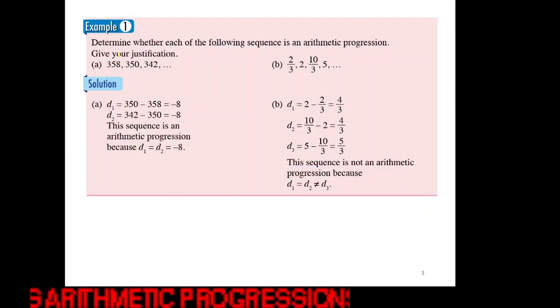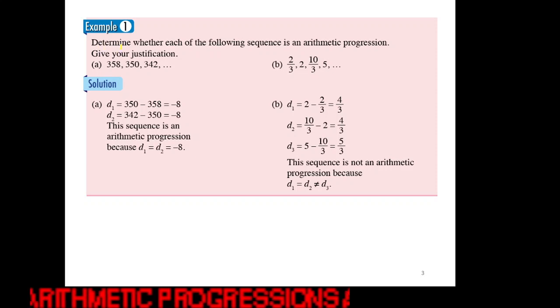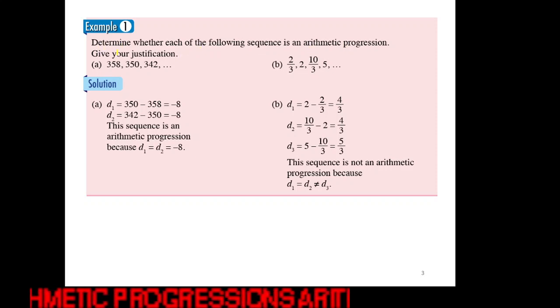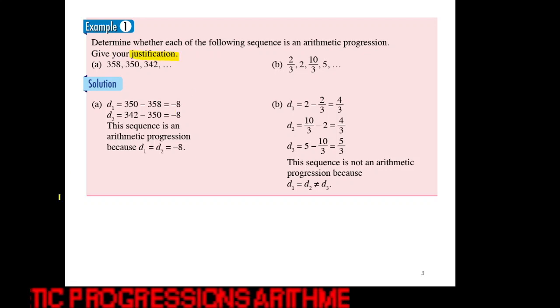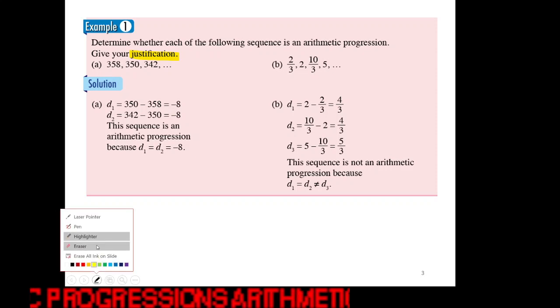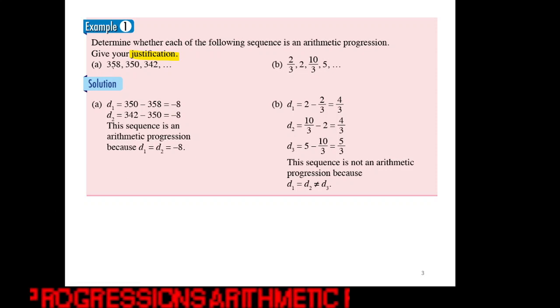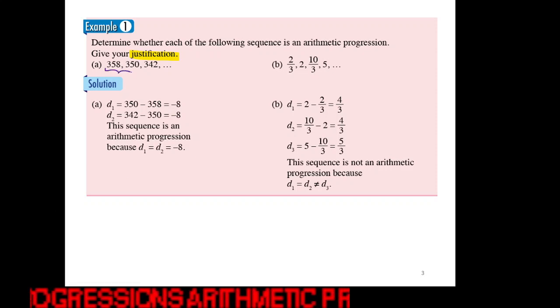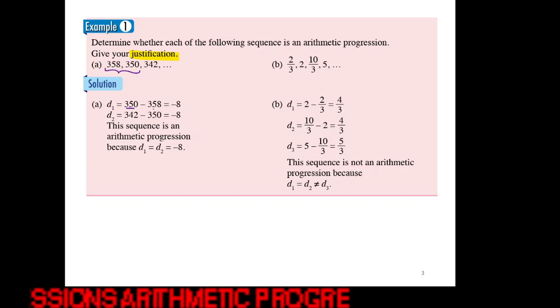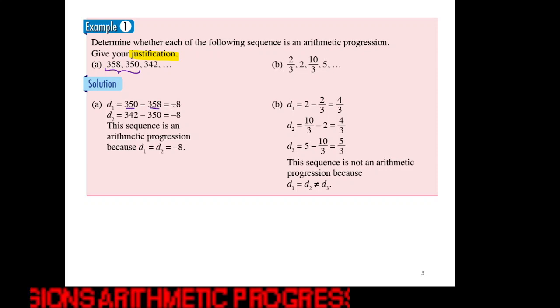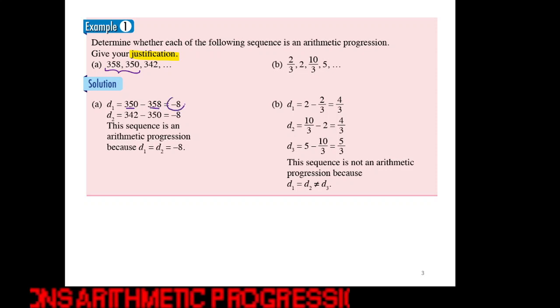Alright, let us look at the first example. Determine whether each of the following sequences is an arithmetic progression. Give your justification. Alright, we'll look at the first one. We will compare the difference between the first pair of consecutive terms here, whereby we have 350 minus 358, then we get negative 8 here.